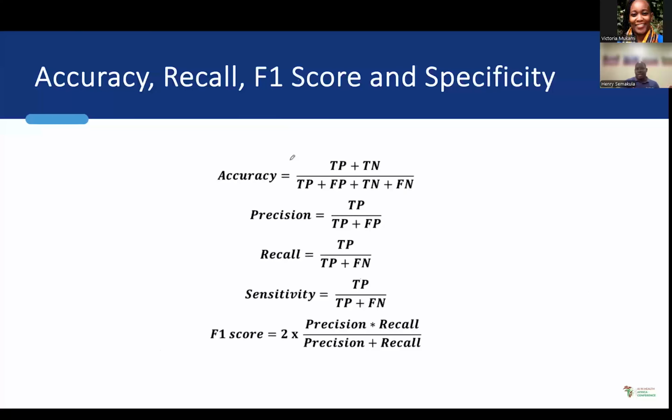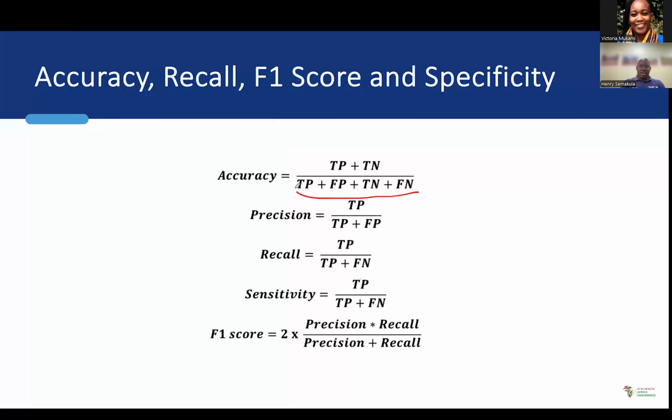Another way we can calculate accuracy, like I said, is to use the confusion matrix. To calculate accuracy, you get the true positives plus the true negatives divided by the rest, that is the true positives plus false positives plus true negatives plus false negatives.